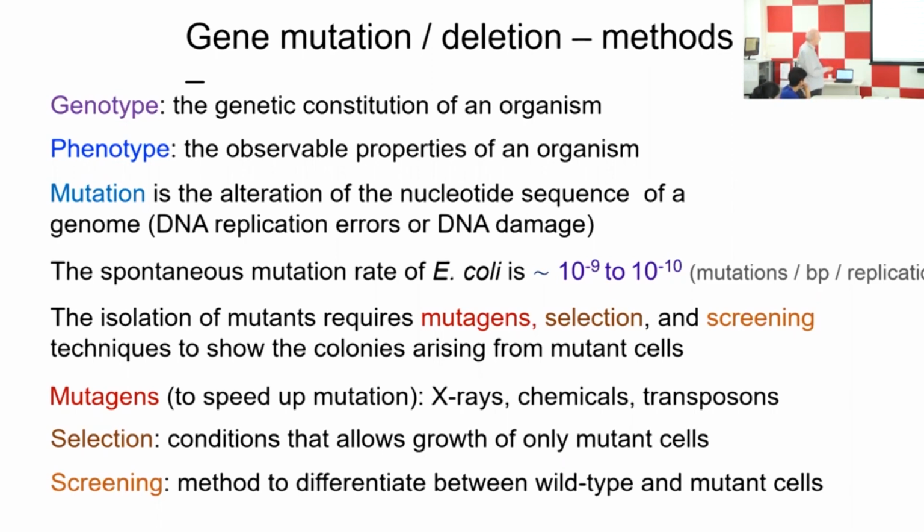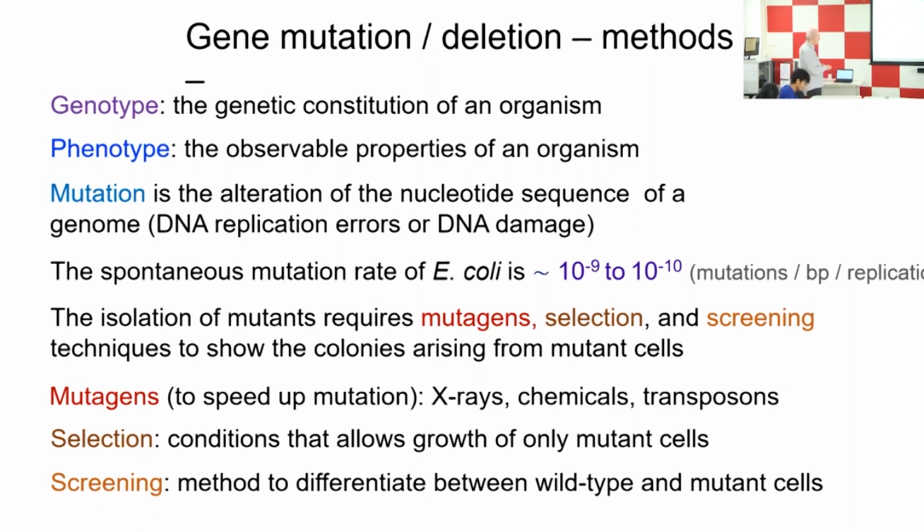And in many cases, even before the times of genetic engineering and recombinant DNA, microbiologists used mutagens. Then after mutagenesis, there was some selection, and if not selection, at least a screening to reveal the presence of mutant cells.